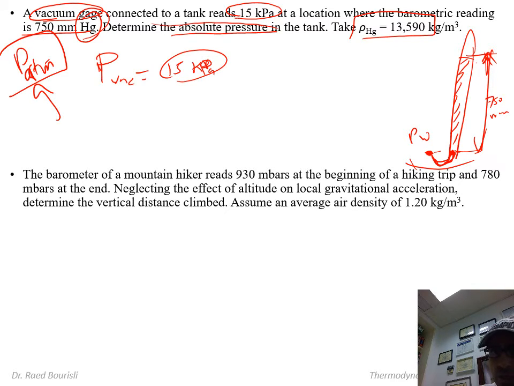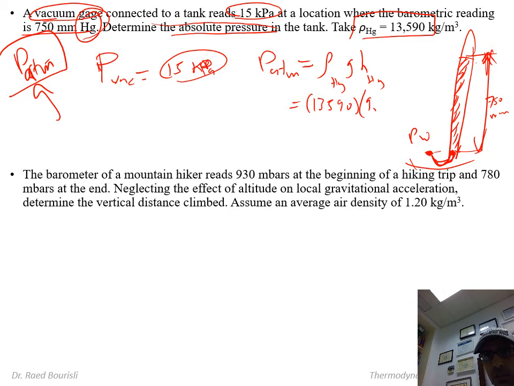Well, P atmospheric is the weight of this column of mercury. So I know P atmospheric is equal to rho mercury g h of mercury. So this is rho, they gave me 13590, and sometimes they give you 9.81 or 9.807 or whatever, and this guy is 0.750. Okay, and this has to be in meter, and this is given in meter.